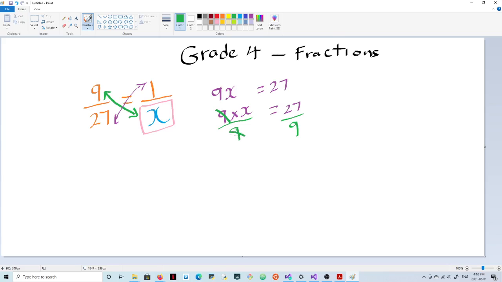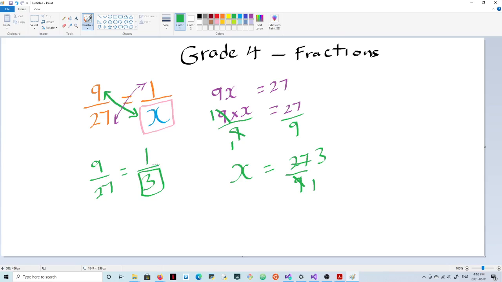So this and this cancels, so 1, 1. So you have x is equals to 27 divided by 9, which is pretty much 3. So in this question, 9 upon 27 is the same as 1 upon 3 because x here would be 3.